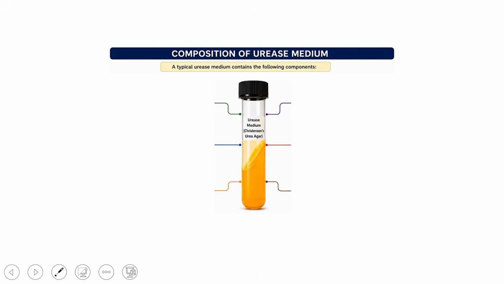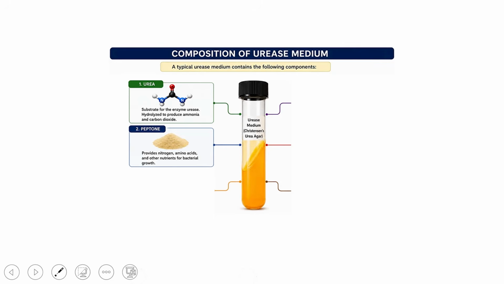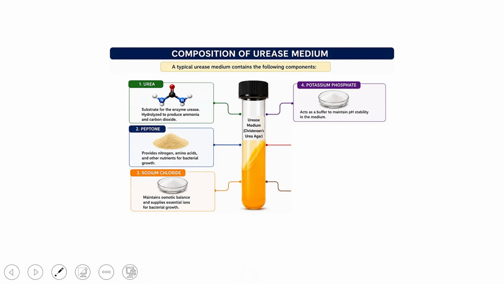Composition of urease medium. A typical urease medium contains the following components. 1. Urea, that serves as a substrate for the enzyme urease to hydrolyze to produce ammonia and carbon dioxide. 2. Peptone, that provides nitrogen, amino acids, and other nutrients for bacterial growth. 3. Sodium chloride, that maintains osmotic balance and supplies essential ions for bacterial growth. 4.